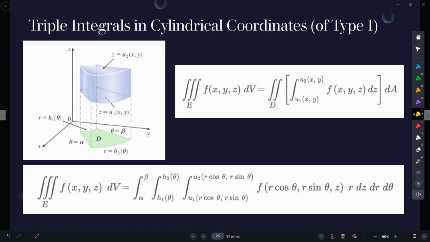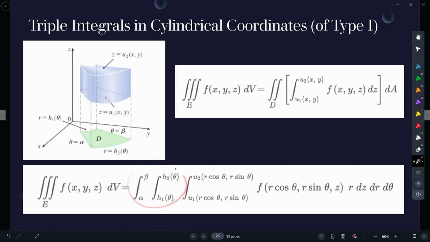All right, so now we want to do those integrals. The usual integral of this shape would be the triple integral. The innermost would be the z integral. And then we have to figure out how to replace this double integral by a polar coordinates integral, which we knew how to do.